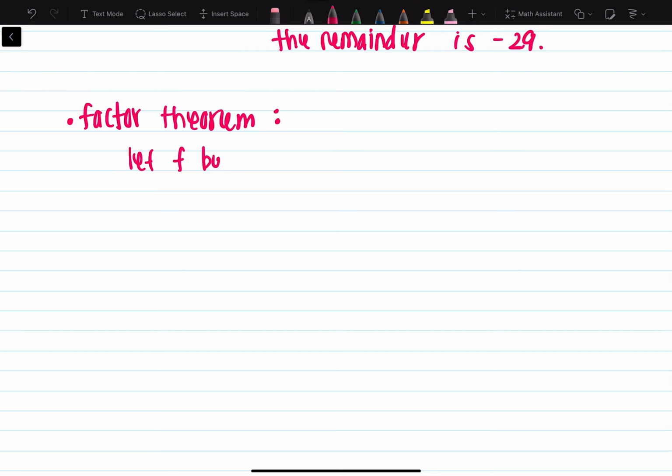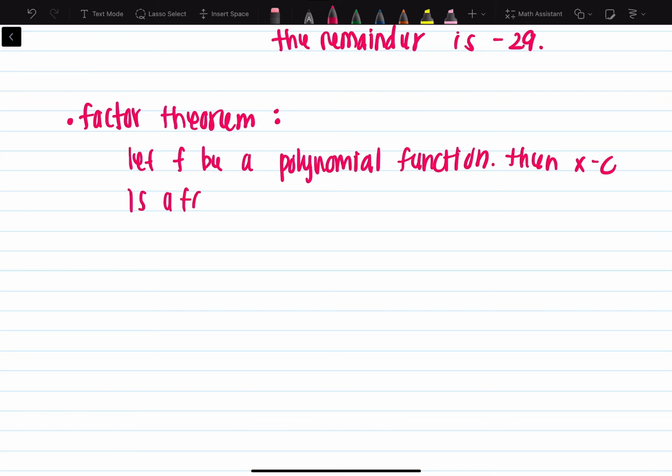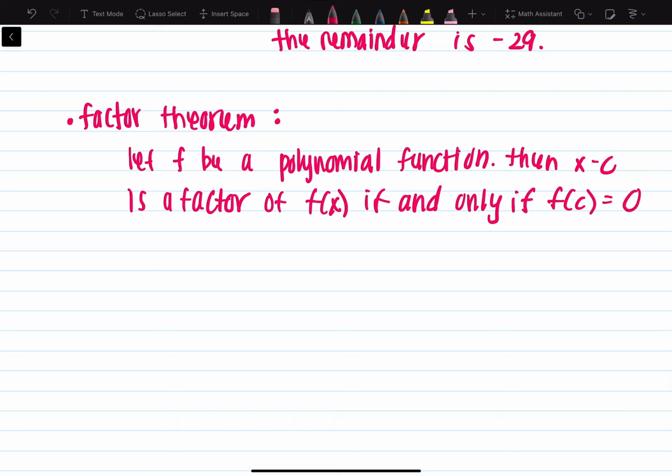So let f be a polynomial function. Then x minus c is a factor of f of x if and only if f of c is equal to 0.